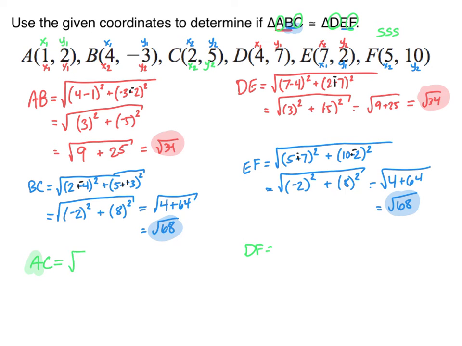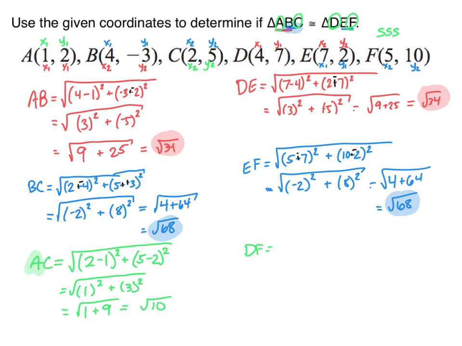And AC, I'll take the square root of 2 minus 1 squared plus 5 minus 2 squared. Well, that's going to be 1 squared plus 3 squared. So 1 plus 9, that is going to be the square root of 10. So I need to get the square root of 10 to prove congruence.